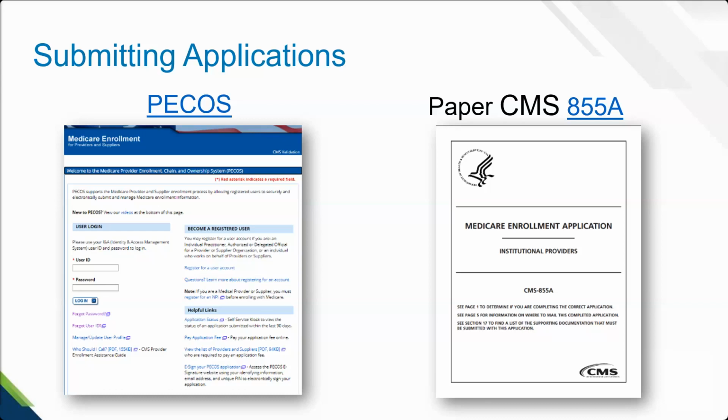Both are asking for the same information, but for instance, PACOS, which you can see I've included a link, is an electronic system that is going to ask you a series of questions. If you've ever submitted your taxes online through some of those do-it-yourself tax software programs, it works very much like that. It asks you questions, and based on how you answer those, specifically in this case, selecting Federally Qualified Health Center, or FQHC, it's going to build the application to that provider type.